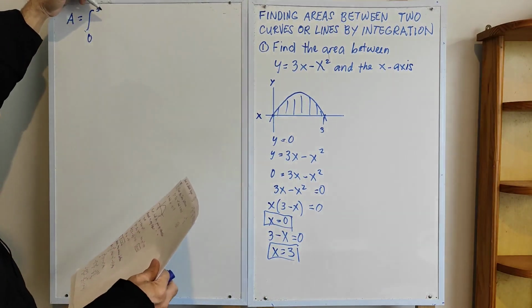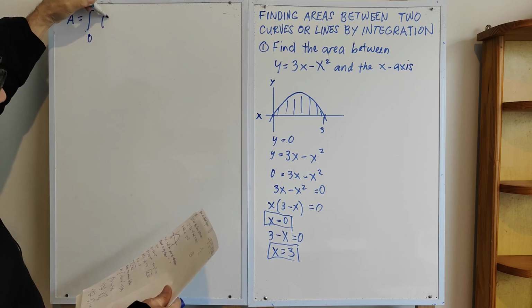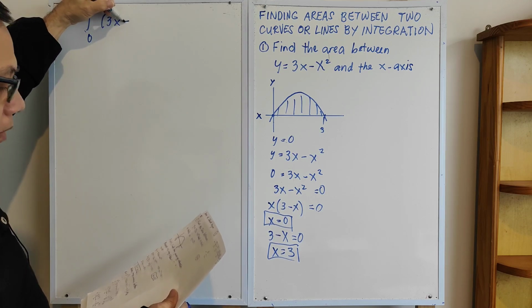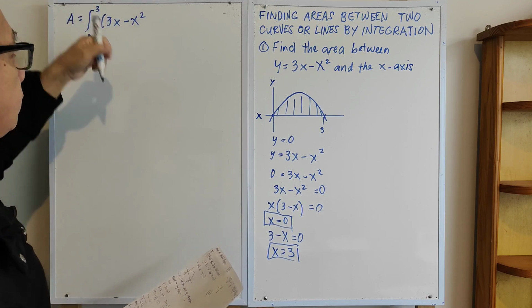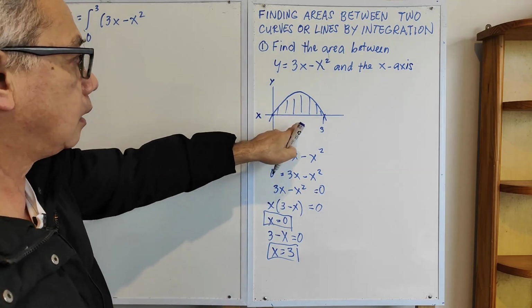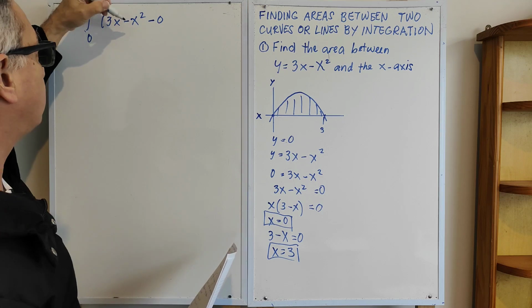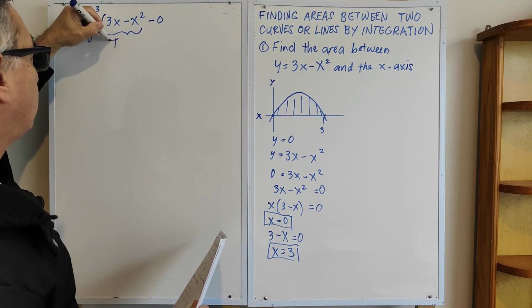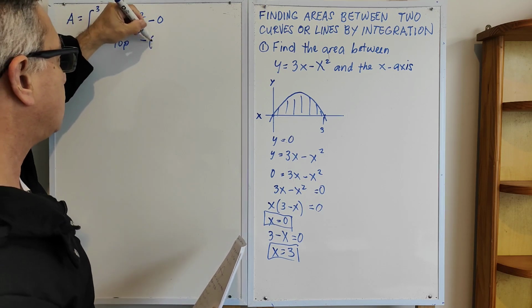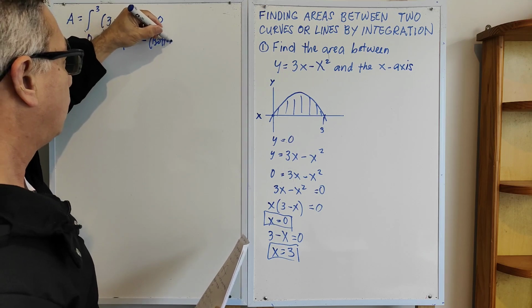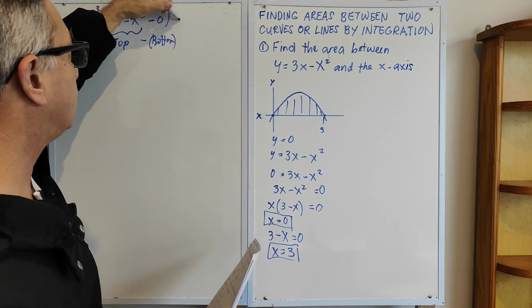The equation at the top is 3x minus x squared, and then the bottom is 0. So this is the top minus the bottom, which is 0, dx.